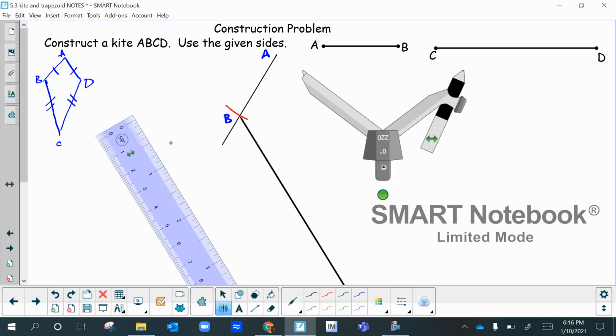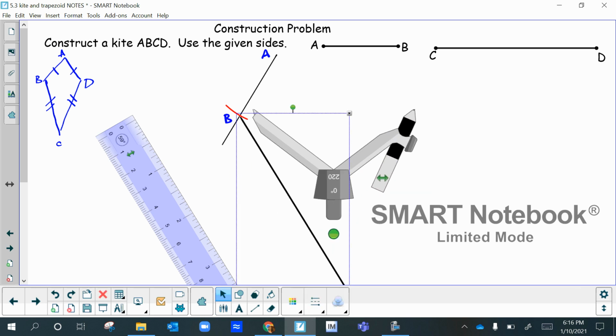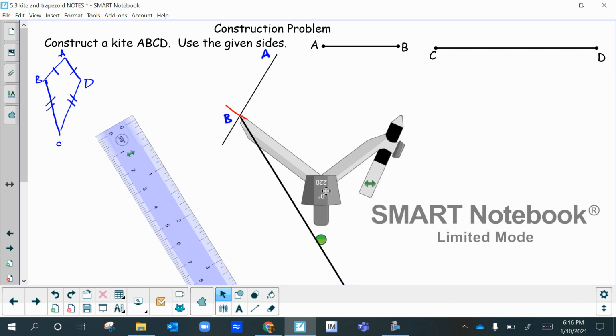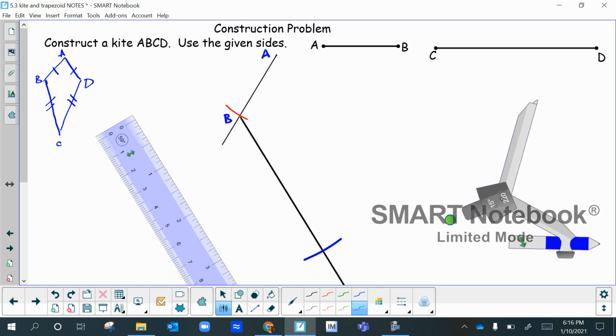Now I'm going to place it at B right here and make an arc down here. That's going to be my point C, so I'm going to put a little C down there.